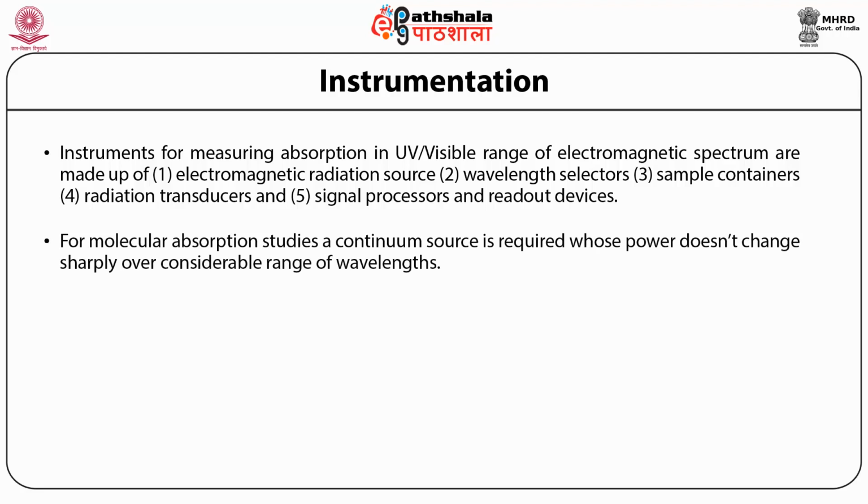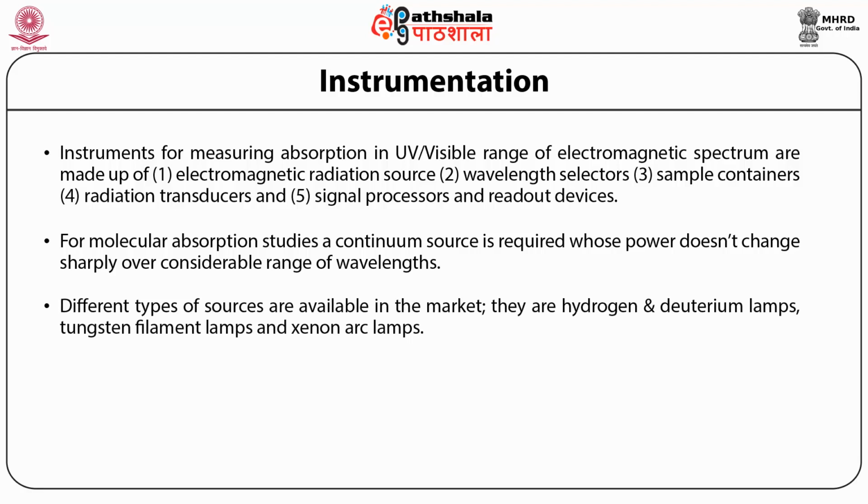For molecular absorption studies, a continuum source is required whose power doesn't change sharply over a considerable range of wavelengths. Different types of sources are available in the market. They are hydrogen and deuterium lamps, tungsten filament lamps, and xenon arc lamps.